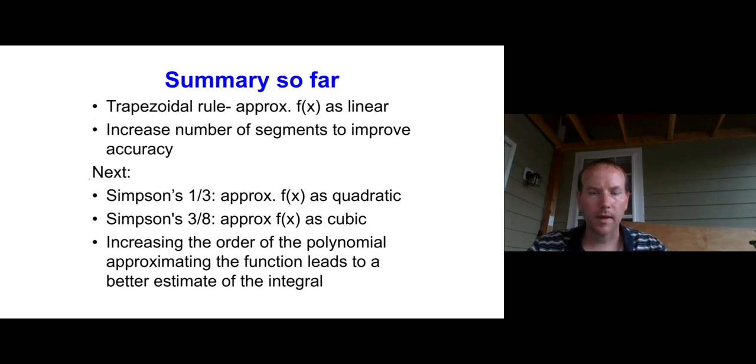Okay, and welcome back. So hopefully you've already seen integration video 1, and so this is integration video 2, where we're looking now at higher order Simpson's methods. The basic idea is that before, with the trapezoidal rule, we were approximating the function as a line.